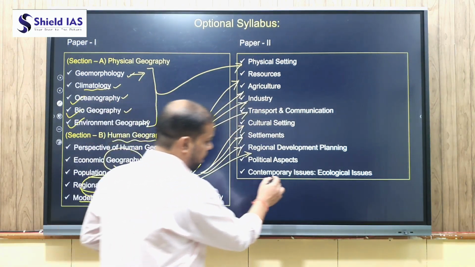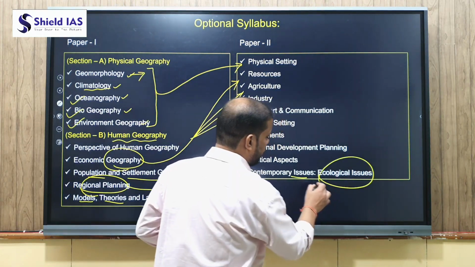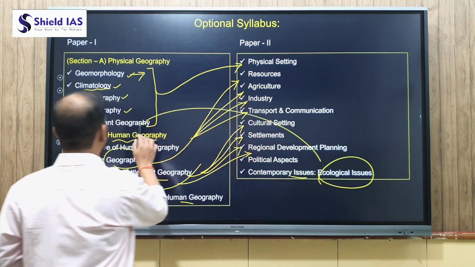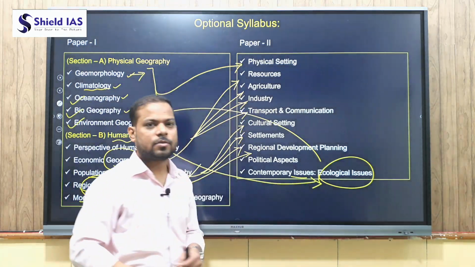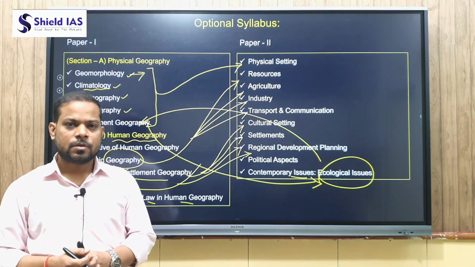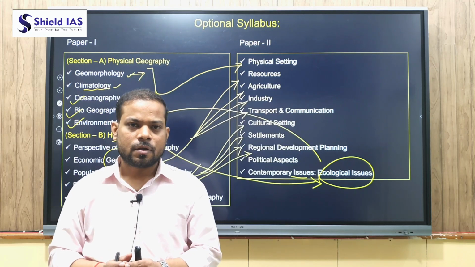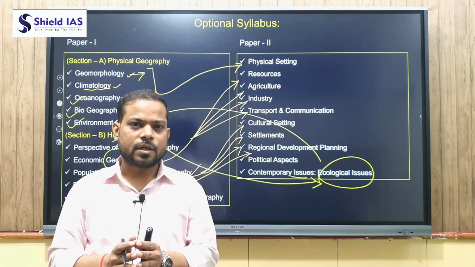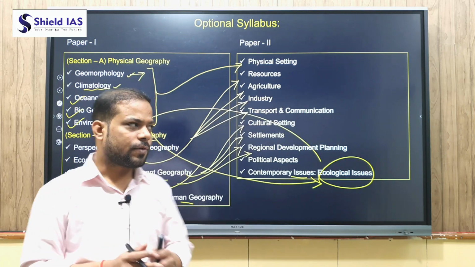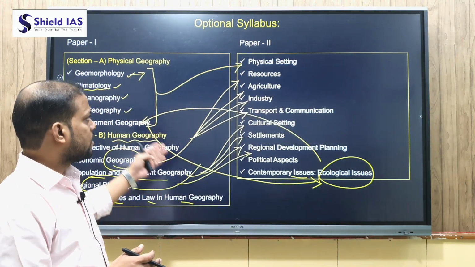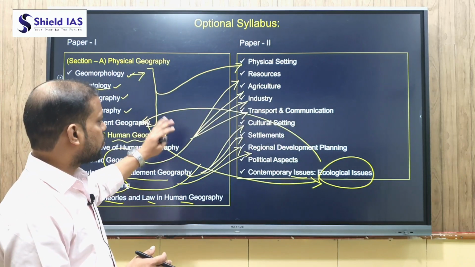And here the contemporary and ecological issues, when we discuss environmental geography, will also cover ecological issues as well. So this is how we understood the importance of geography in mains and prelims, as well as the syllabus that we will discuss in geography optional.